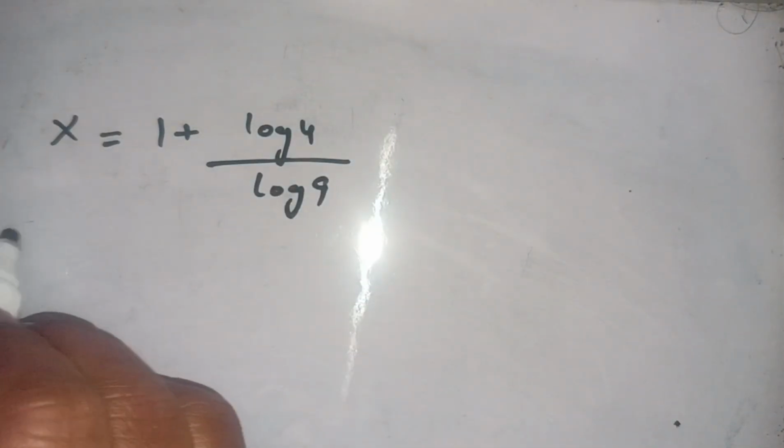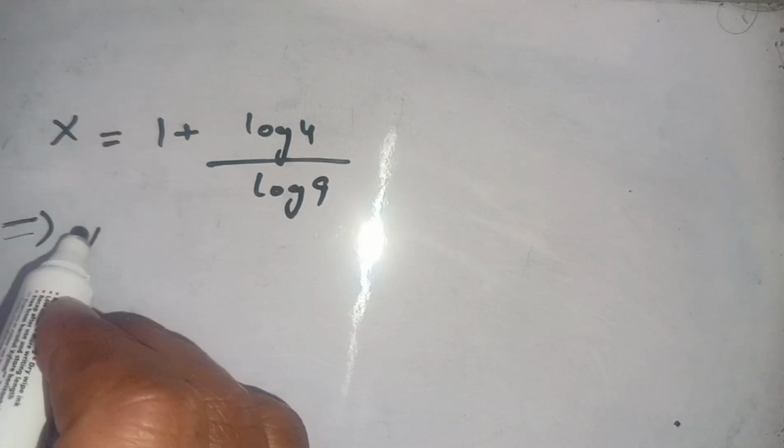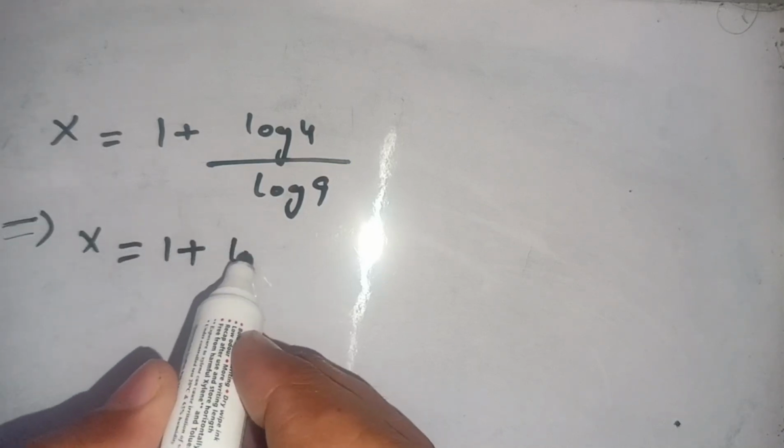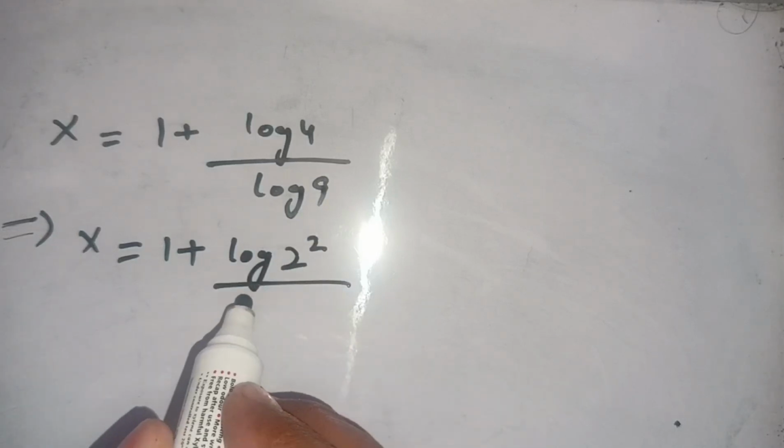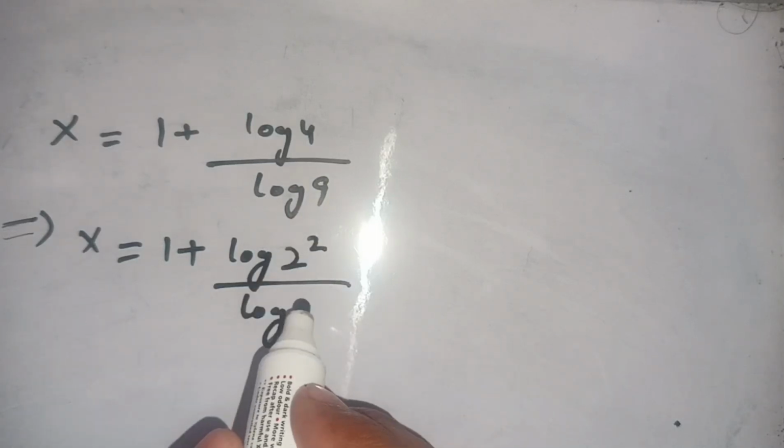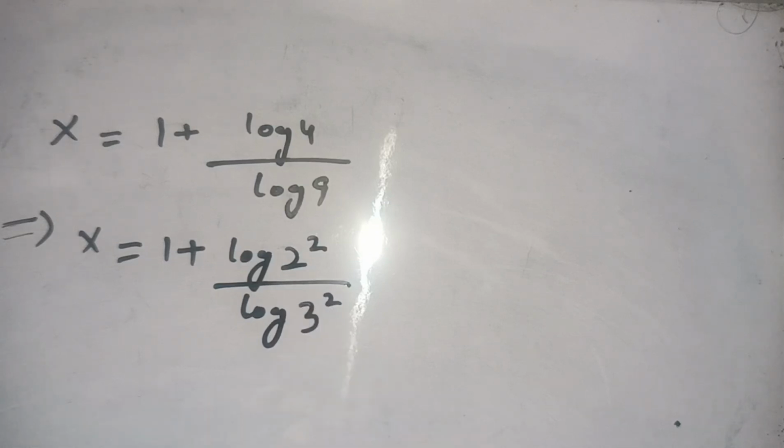Now on the next step we can write x is equal to 1 plus log of 4, which can be written as 2 power 2, divided by log of 9, which can be written as 3 power 2.